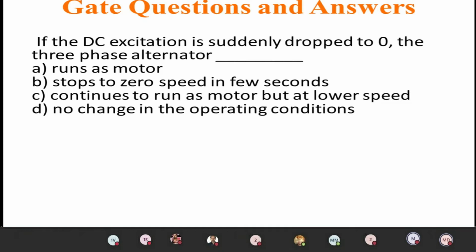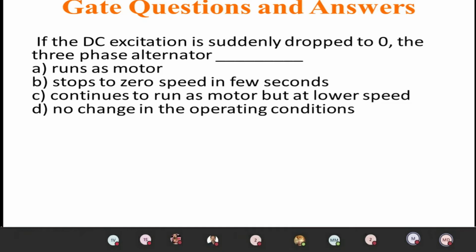The construction of a synchronous generator and a synchronous motor is similar. A synchronous motor only runs at synchronous speed. It has zero starting torque, which means we have no starting torque, so we require a separate arrangement to start the synchronous machine.